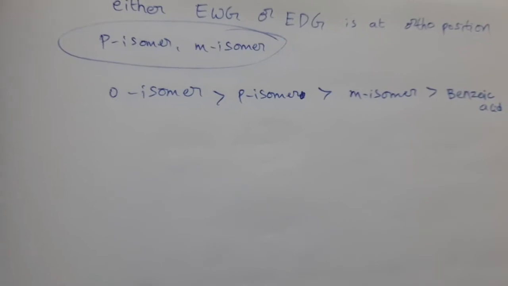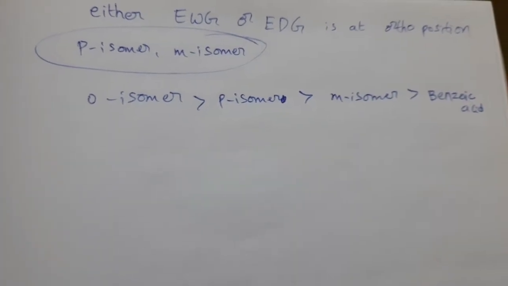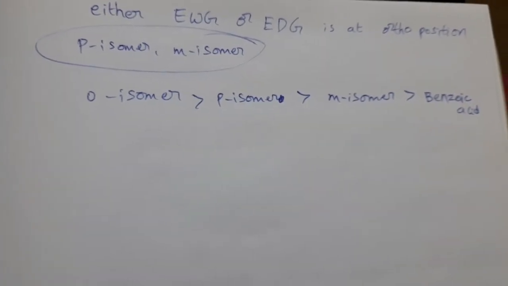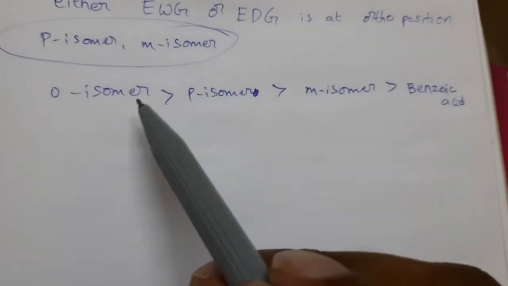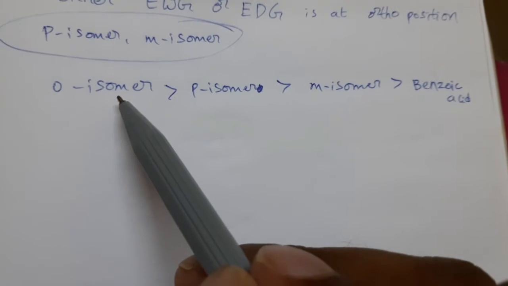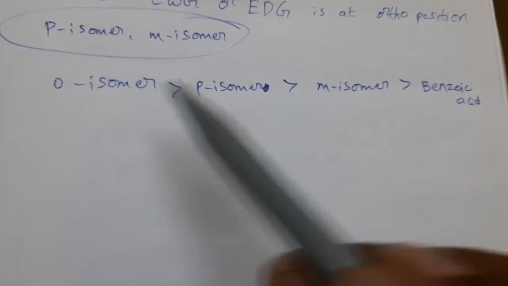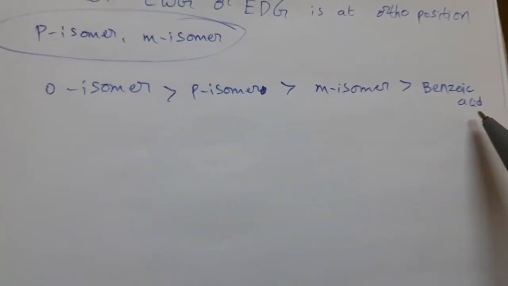So ortho isomer has more acidic character than para isomer, which is more acidic than meta isomer, which is more acidic than benzoic acid. So highest acidic strength for ortho isomer, least acidic strength for benzoic acid.